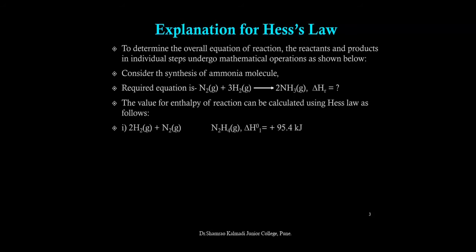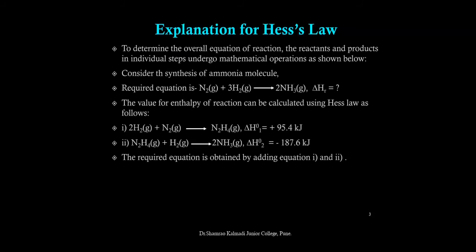First, 2H2 plus N2 gives N2H4. The enthalpy for this reaction is plus 95.4 kilojoules. Second, N2H4 plus H2 giving 2NH3. The enthalpy for this reaction is minus 187.6 kilojoules. The required equation is obtained by adding equation 1 and 2.